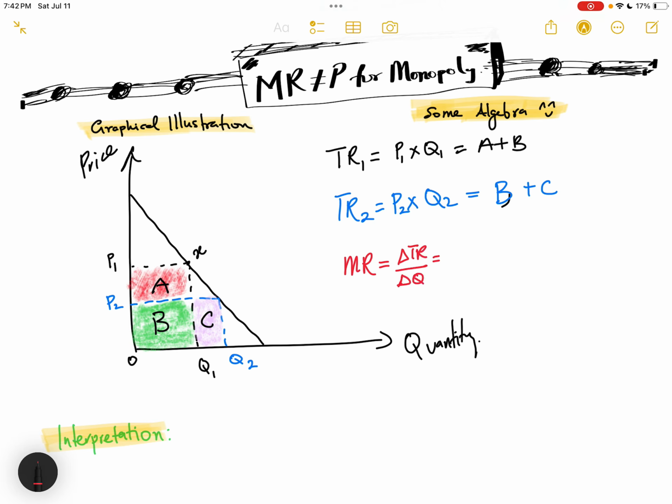Well, that is exactly total revenue 2, TR2, minus TR1 divided by change in Q. But, well, you can see that all of that is B plus C minus A plus B. Well, the B's go away, and so I have C minus A. So marginal revenue is area C minus area A.